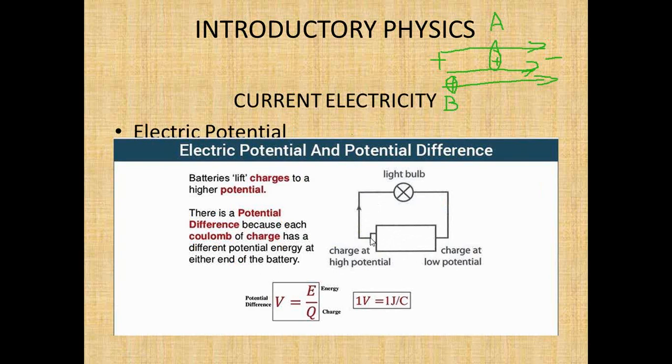The charge is going to flow from the high potential to the low potential. But if there is a bulb in the circuit, it's going to light up the bulb, okay? And it's going to lose some of its electric potential energy. It's going to lose some energy. So the electric potential energy is going to be converted to light energy.